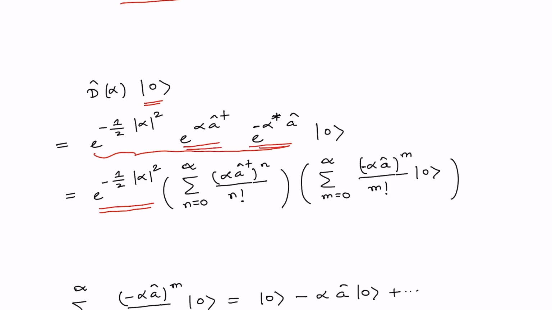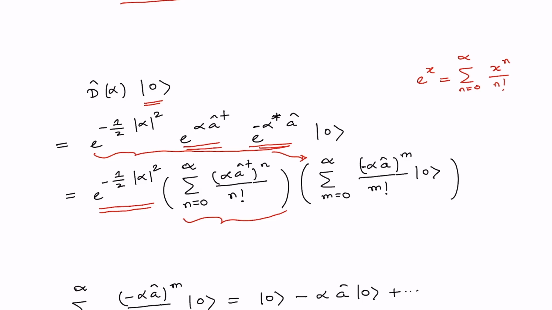However, e to the power alpha a dagger, I can write in this form, because you know that e to the power x we can write as summation n equal to 0 to infinity x to the power n divided by n factorial. Utilizing this, I can similarly expand the other operator in this particular form.